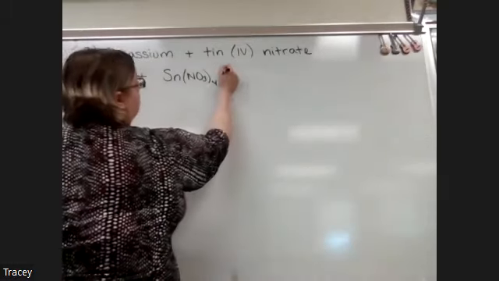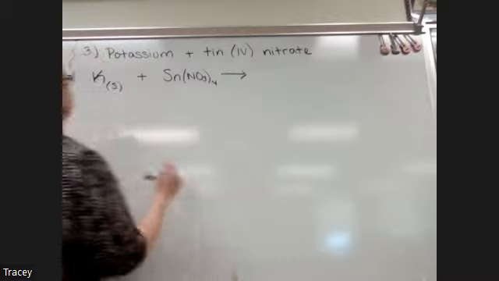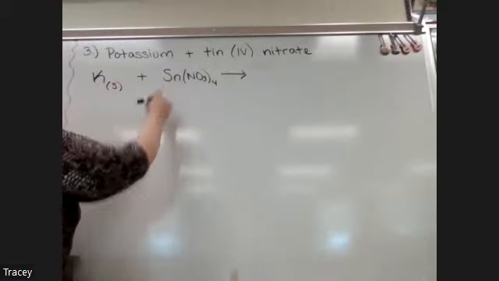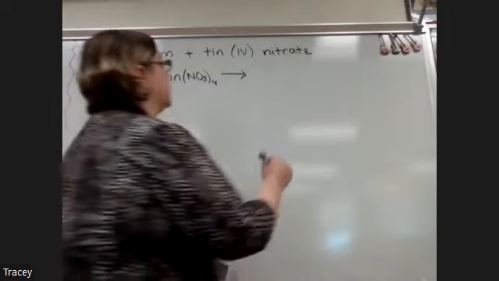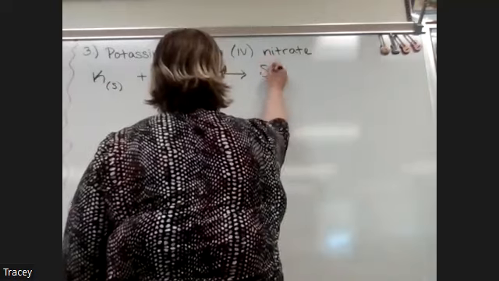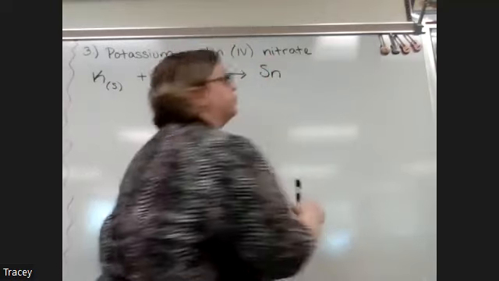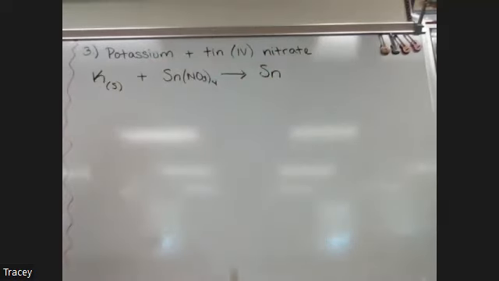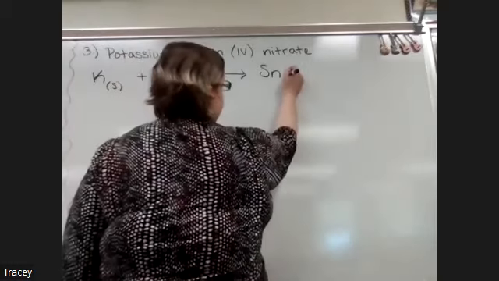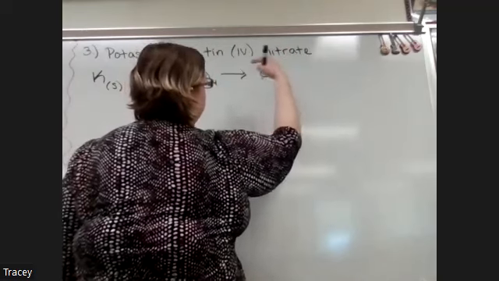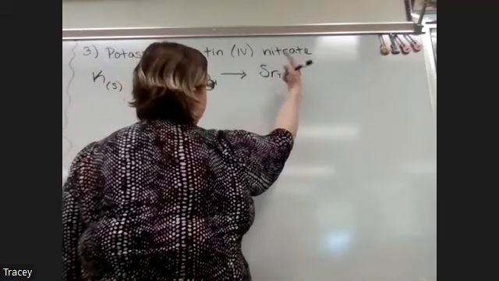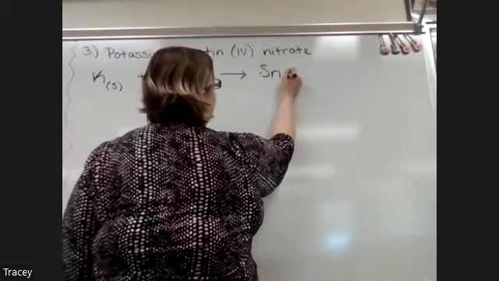Now I said that you do have a reaction, and again that's because K is higher than Sn on the activity series. So we will have a reaction where tin is displaced. So Sn is going to be kicked out of the compound. And it's a metal, so it's monatomic, meaning no subscript. It's a metal, so it's neutral, meaning no charge.